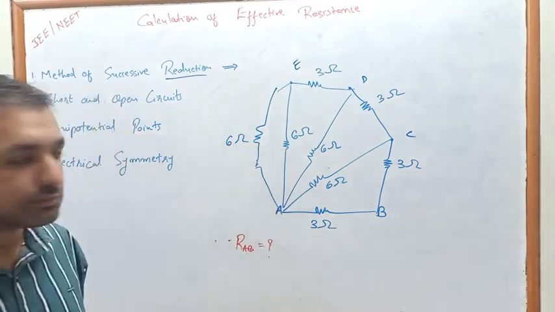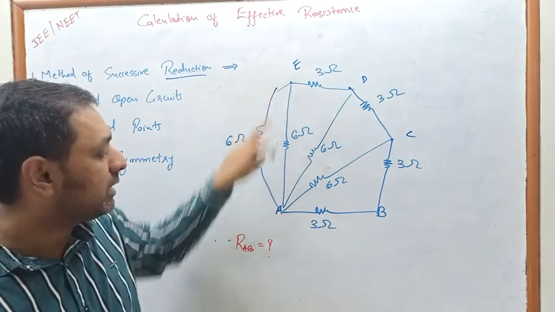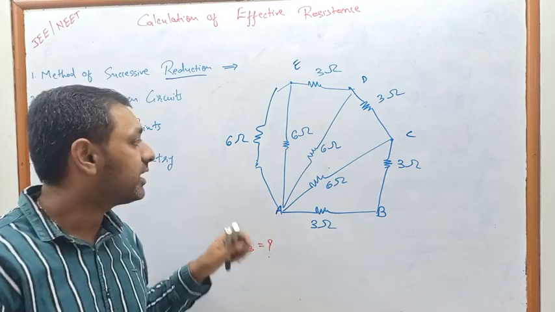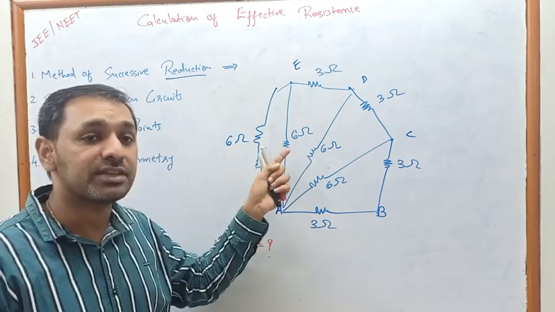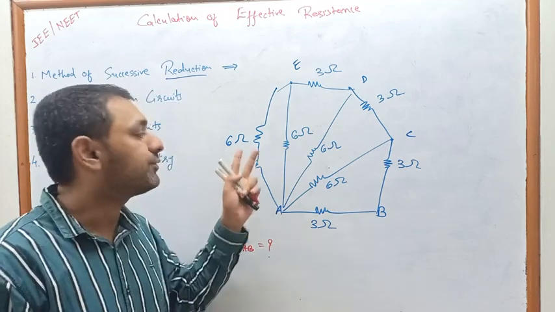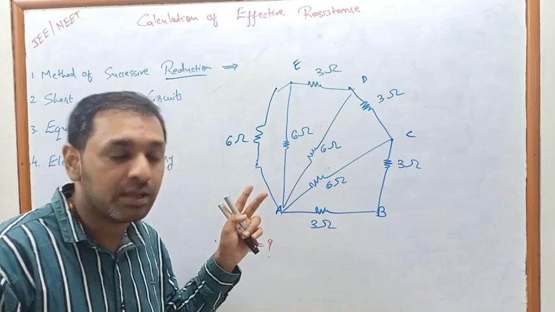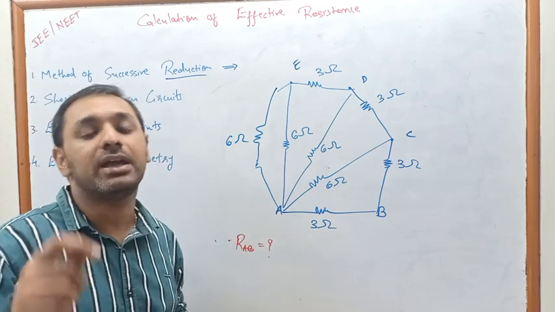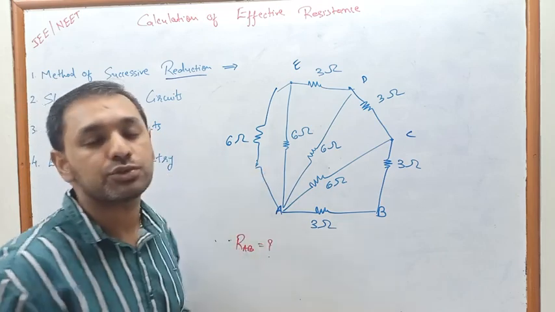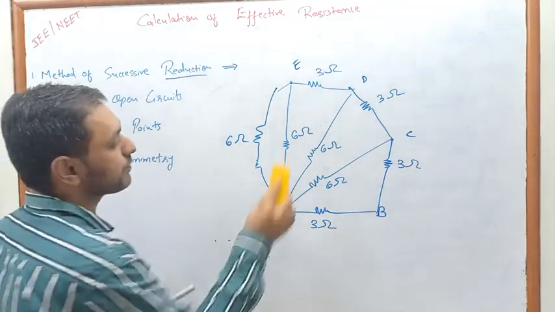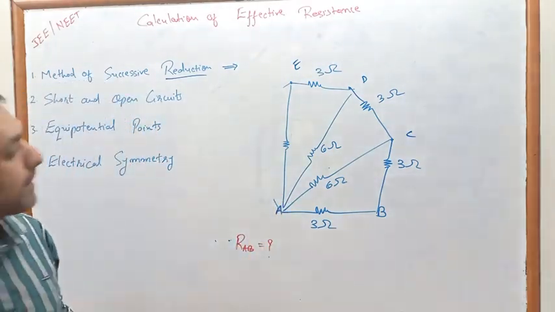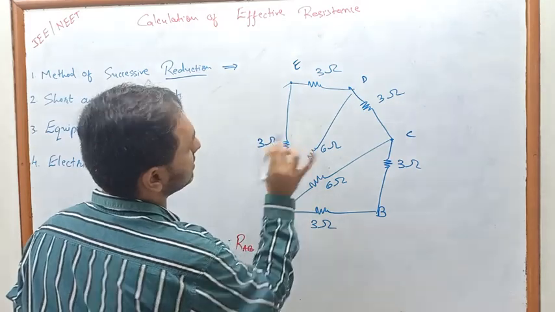Now consider point E and point A. Between these two points you will get two resistors, 6 ohm and 6 ohm, and these two are in parallel. Again the same rule will apply. If two resistors are in parallel and they are of the same value, then the resultant resistance will be half, means 6 and 6, so resultant will be 3. So I'll reduce this network and this is 3.